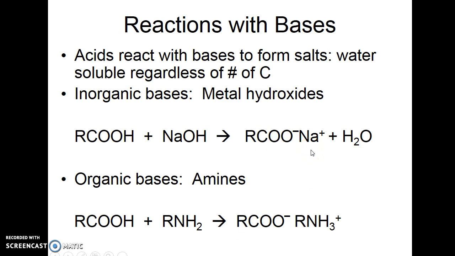You don't have a metal in there. What you have instead is the ammonium, or the amine, carrying the positive portion of the ion, and the carboxylic acid carrying the negative portion. But these are water soluble just as the carboxylic acid salts with metals are soluble.